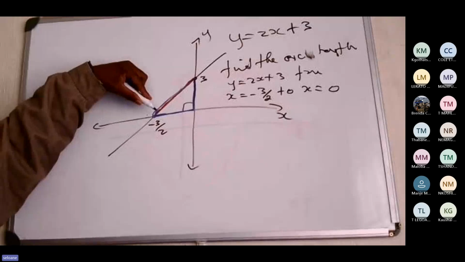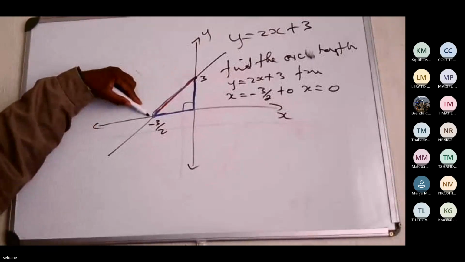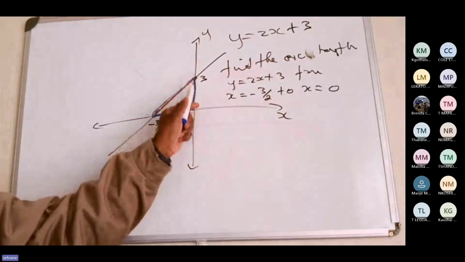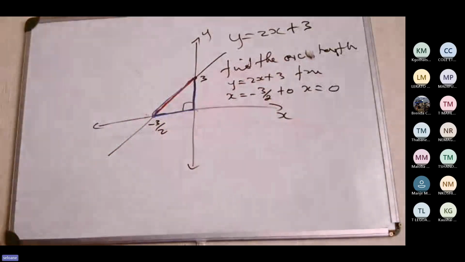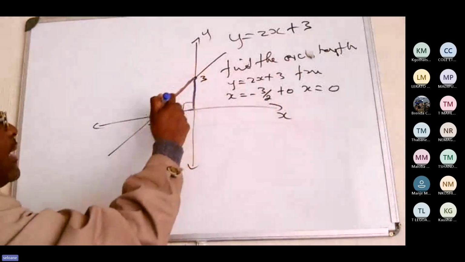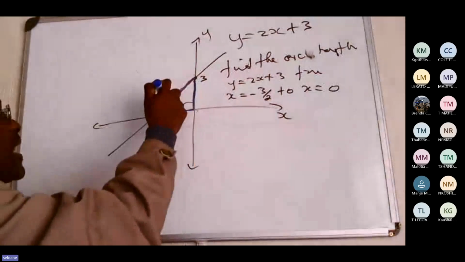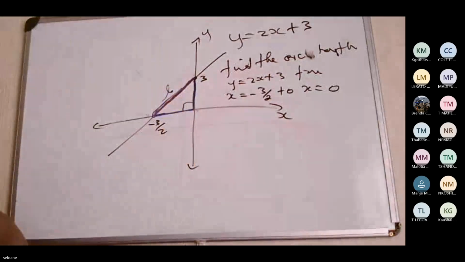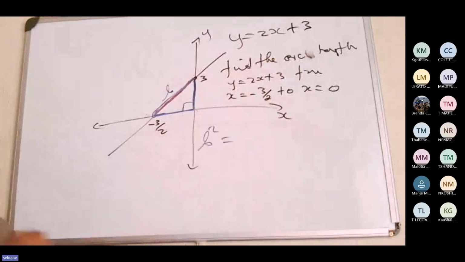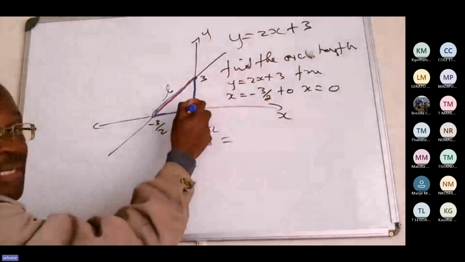Then from that theorem by Pythagoras, we know that this side squared must be equal to this side squared plus this side squared. That's all. So you can just name it whatever, say L. Therefore, it will be L squared from that theorem by Pythagoras. It must now be equal to this squared.